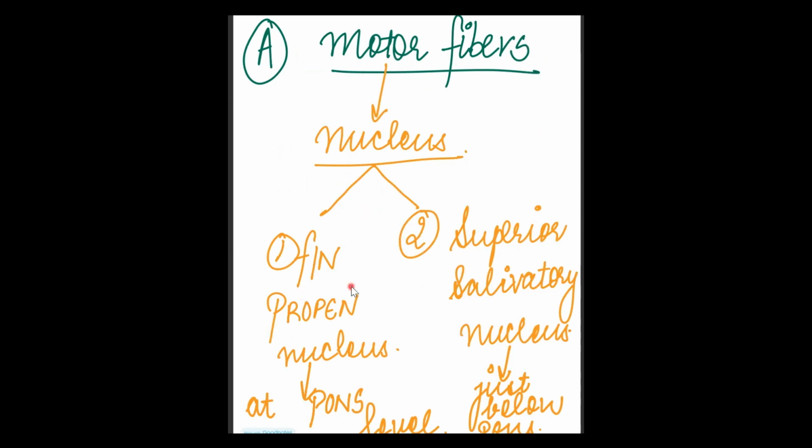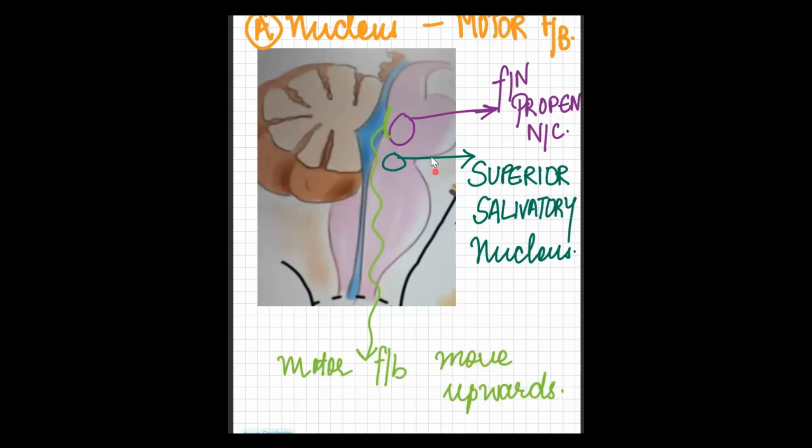First is the facial nerve motor nucleus at the level of the pons, and one is the superior salivatory nucleus just at the base of the pons. This is shown in the diagram. This one at the level of the pons is the motor nucleus, and the one below the level of the pons is the superior salivatory nucleus.